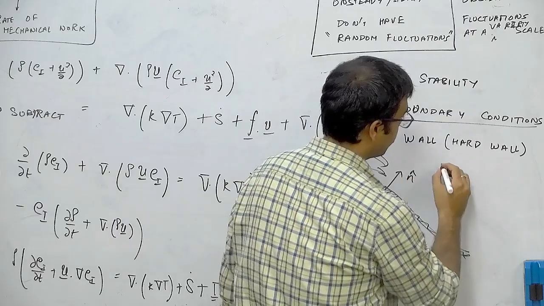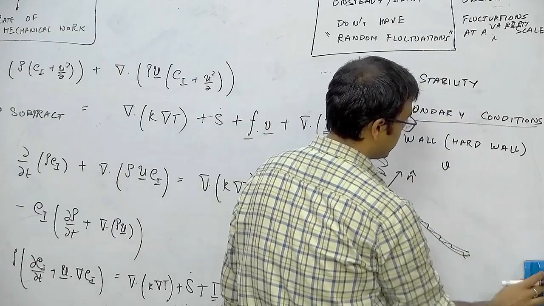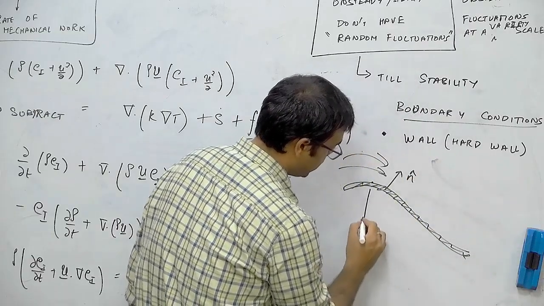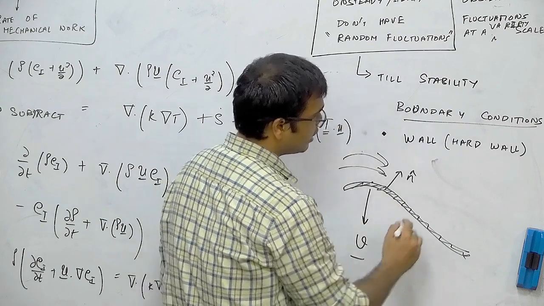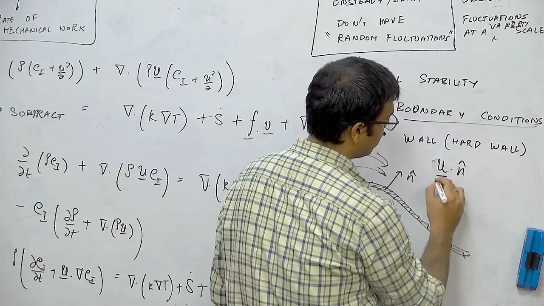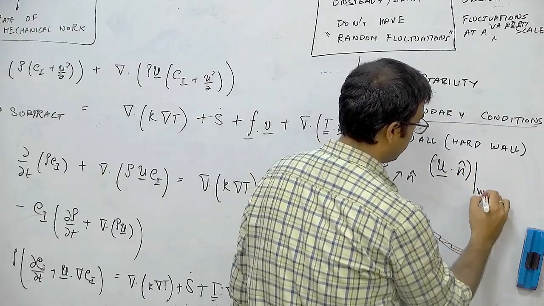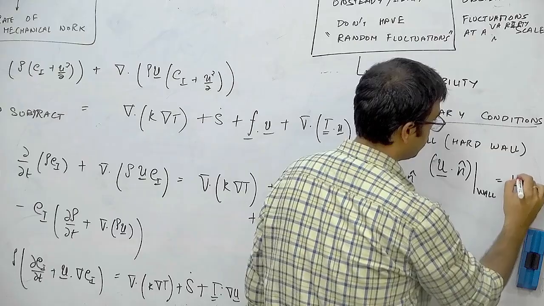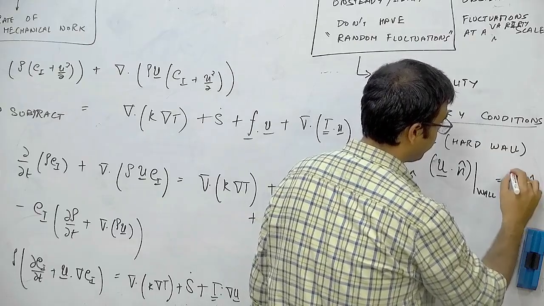That is, let's say the velocity of the wall is some v vector, then u dot n at the wall is equal to v dot n.